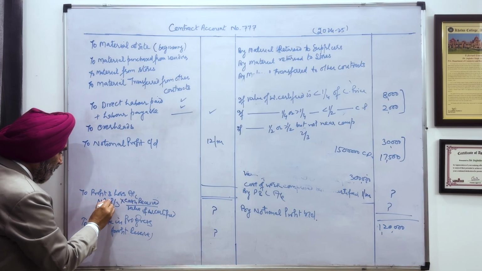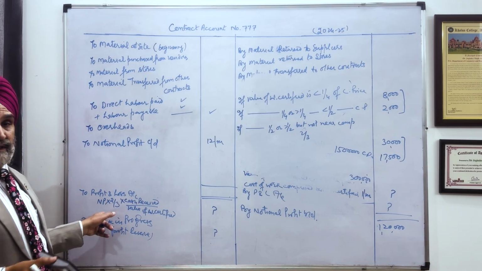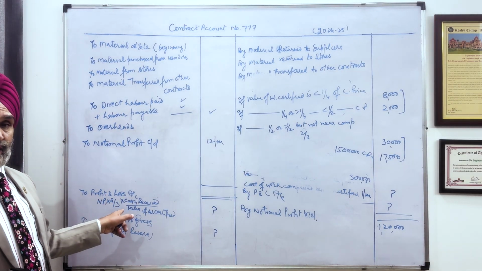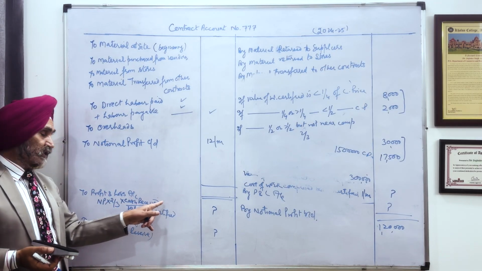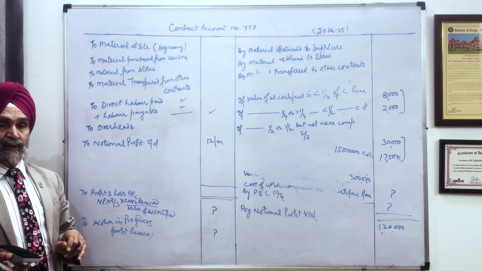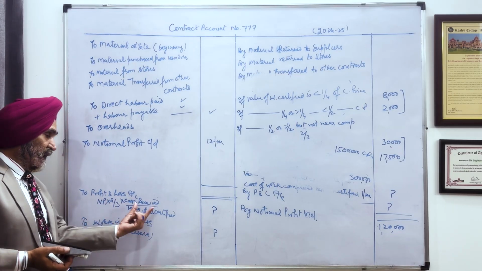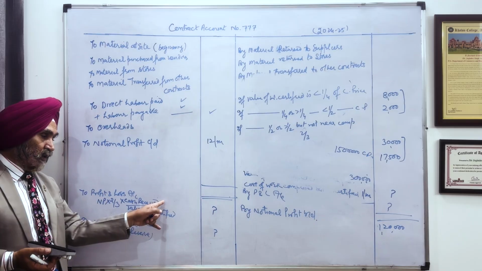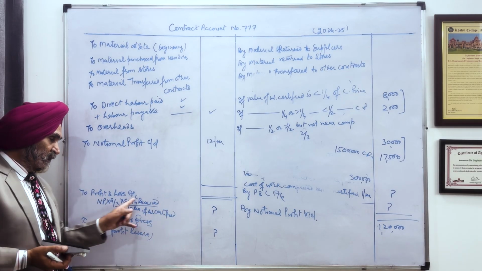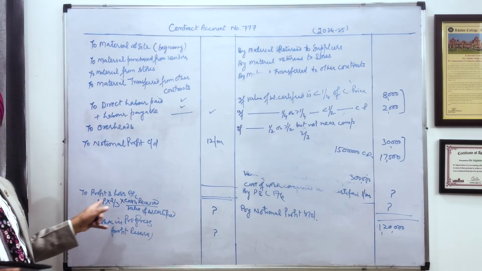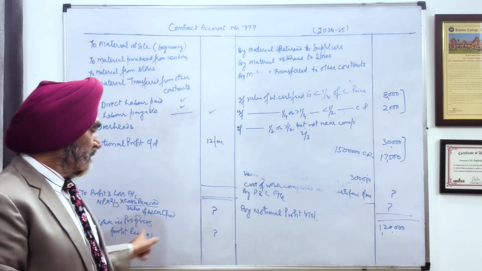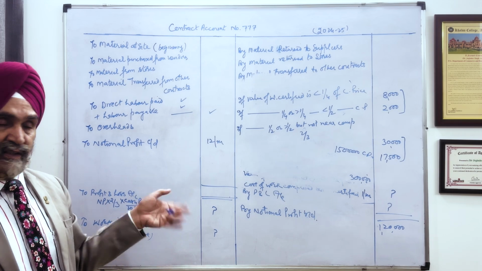So instead of 1/3, 2/3 is carried on to profit and loss account, and this is again multiplied with cash received over value of work certified. This amount 2/3 is again reduced, because this amount is less, this is more. So this amount will further be reduced, and that amount will be carried on to profit and loss account, and the remaining amount will be kept as a reserve.